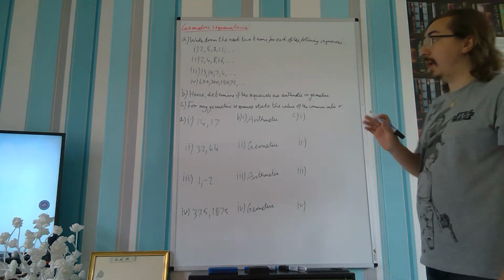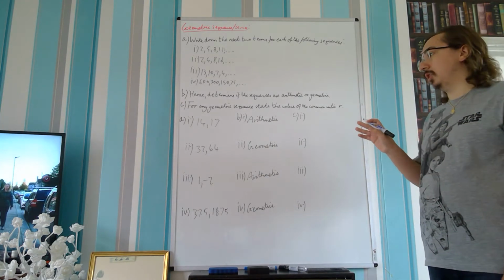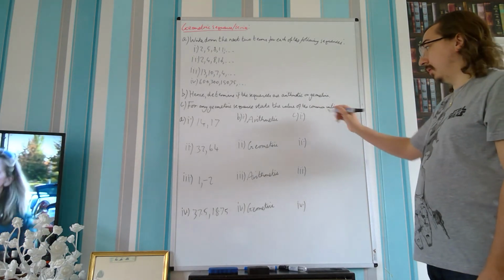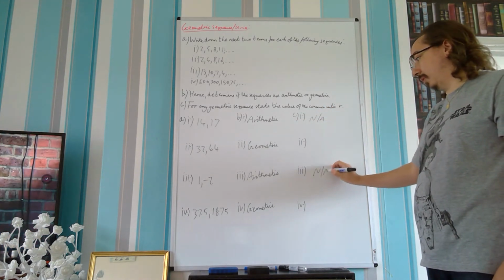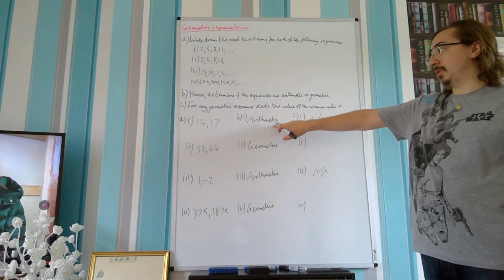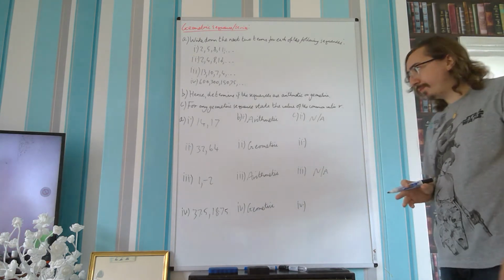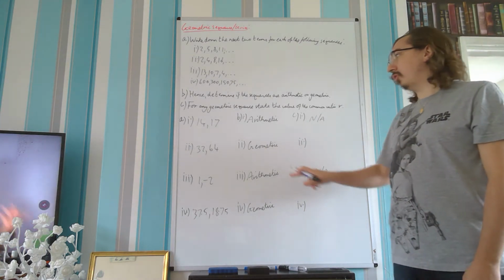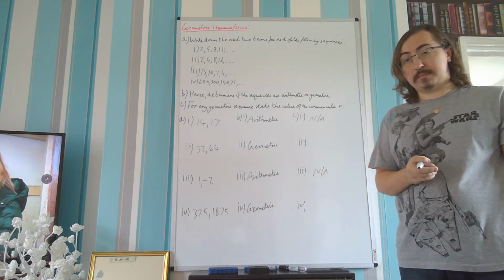Part C says for any geometric sequence, state the value of the common ratio R. Well, the first one is an arithmetic, so we can say that's not applicable, and the same for the third one, because they're both arithmetic. For our geometric, the common ratio is really the multiplication factor.